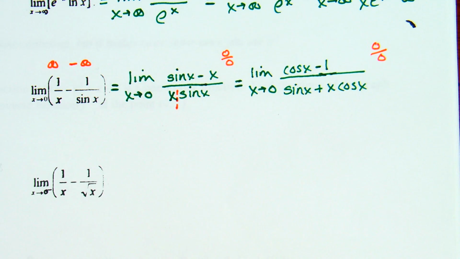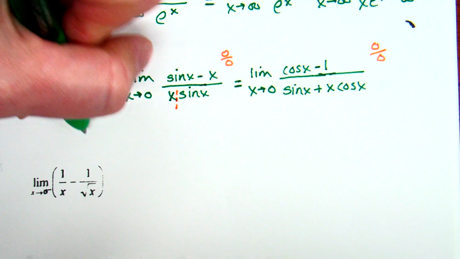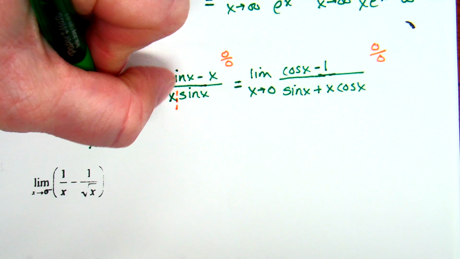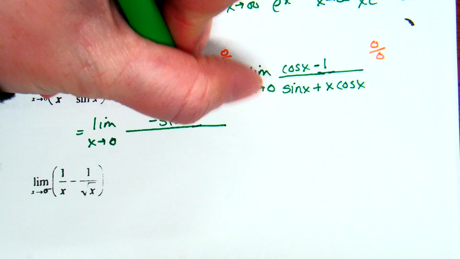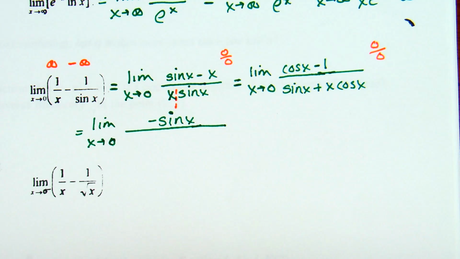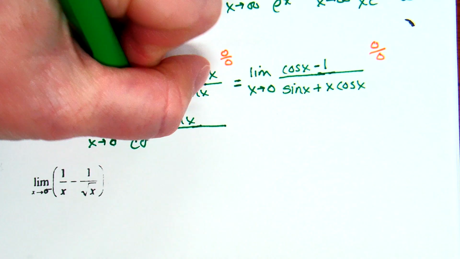Okay, so L'Hopital we go again. The limit as x approaches 0. What is the derivative of cosine x minus 1? Negative sine x. Okay. Denominator. What is the derivative of sine x? Cosine x.